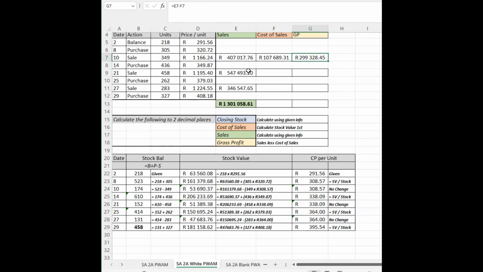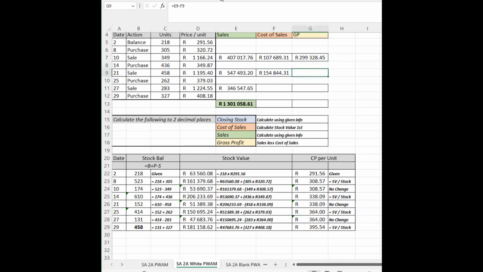Okay, so on the 21st, we have our sales, but as far as our cost of sales is concerned, again, it's the 458 units, and this time our cost price that we used here on the 21st was 338.09. So we multiply those and we get 154,000.